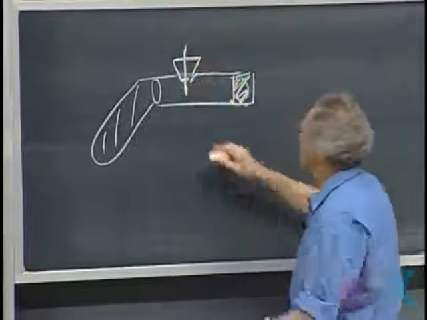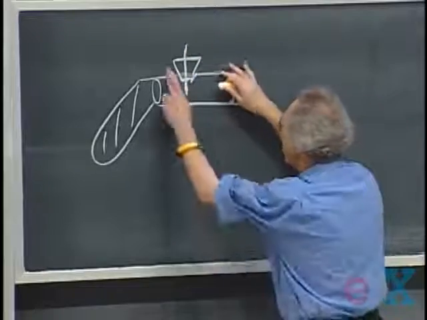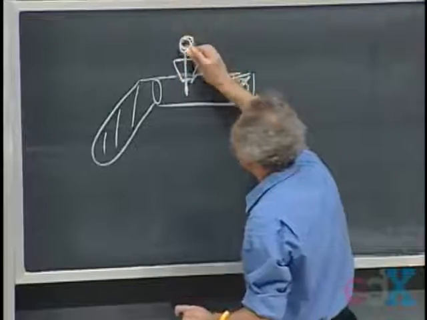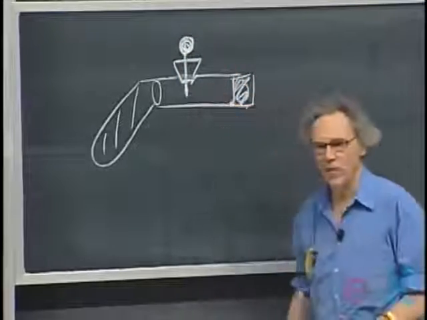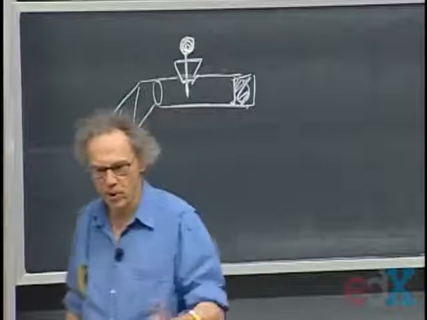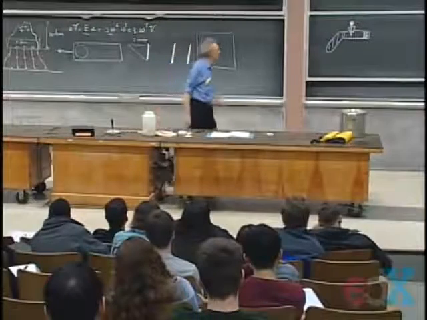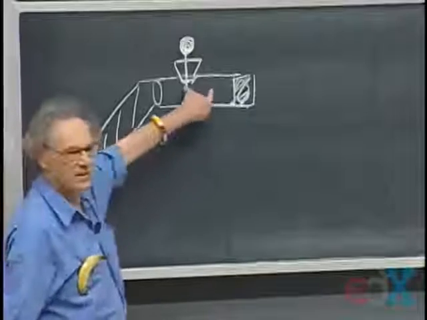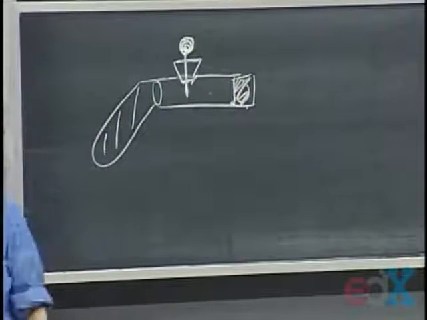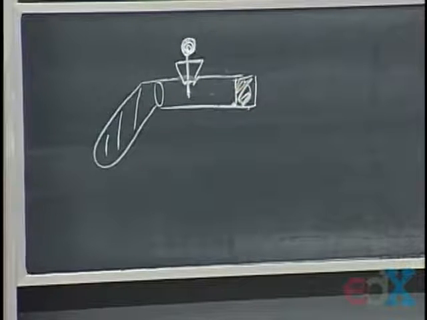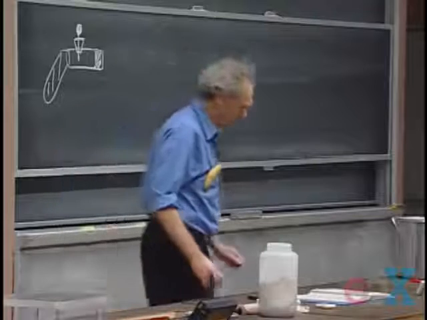This pin was completely insulated from the barrel, the conducting barrel, and then they would put some charge on here so that the spark would fly over there. This is really the precursor of the spark plug that we have in our cars. It's no different. And so if indeed there was this marsh gas in there, there might be an explosion, and that was a warning then that there may be danger for the soldiers.